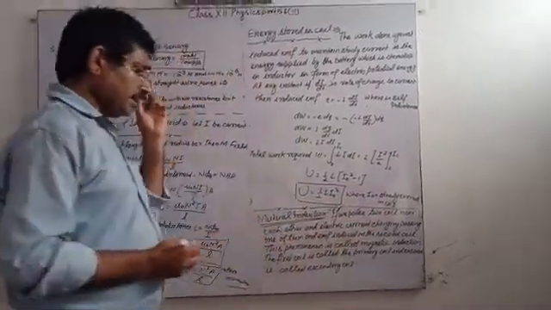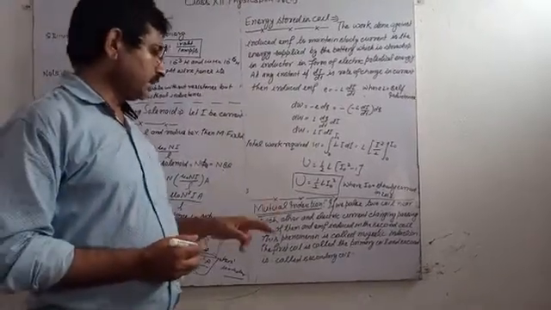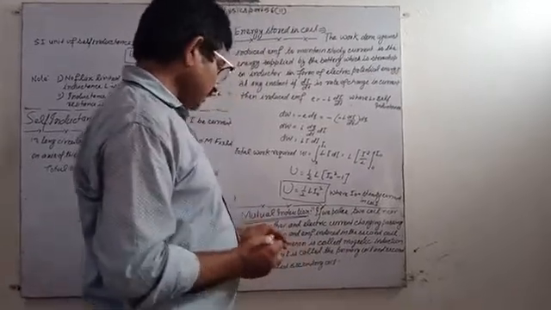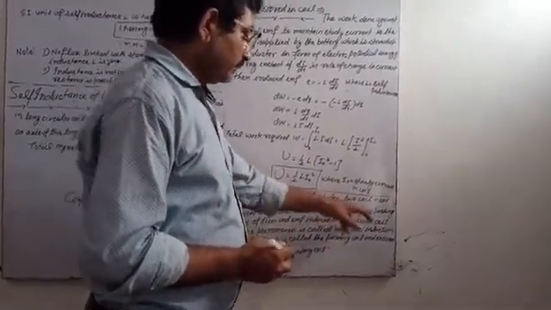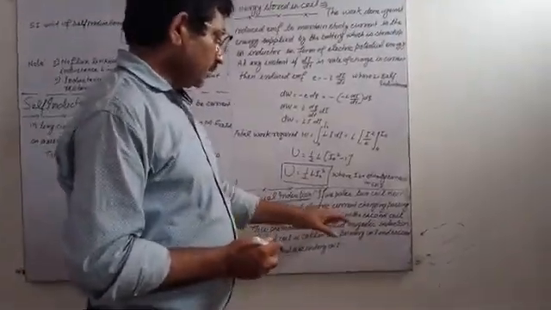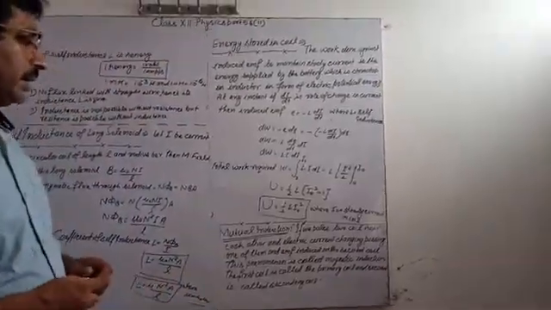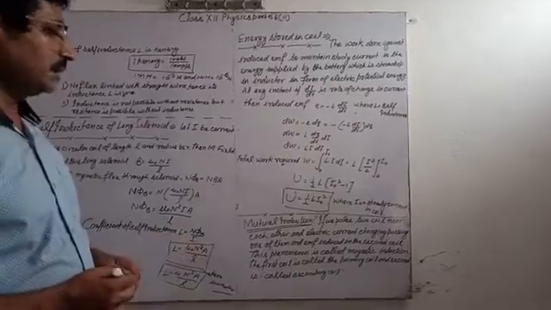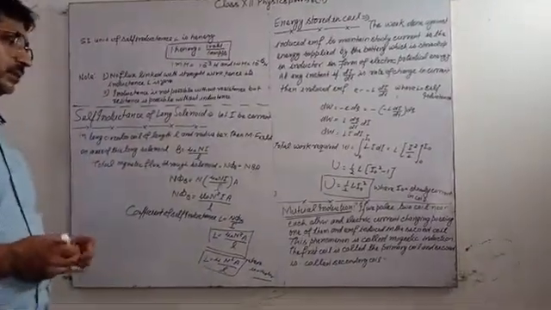Now come to the next topic, mutual inductance. If two coils are placed near each other and a changing electric current passes through one of them, an EMF is induced in the second coil. This phenomenon is called mutual induction. The first coil is called the primary coil and the second is called the secondary coil.